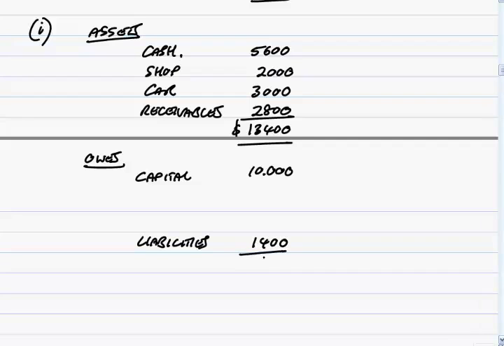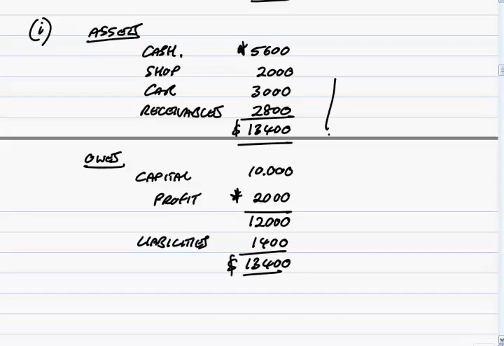Well, since the assets are 13,400, the business must owe 13,400. 1,400 we know is owed to the supplier, and so the balance, the remaining 12,000, must be owed to the owner. Why is the owner owed 12 when it was only 10 that he put in? The difference, 2,000, must be the profit. And in fact, there are our two effects. Cash fell by 200. The profit also fell by 200.